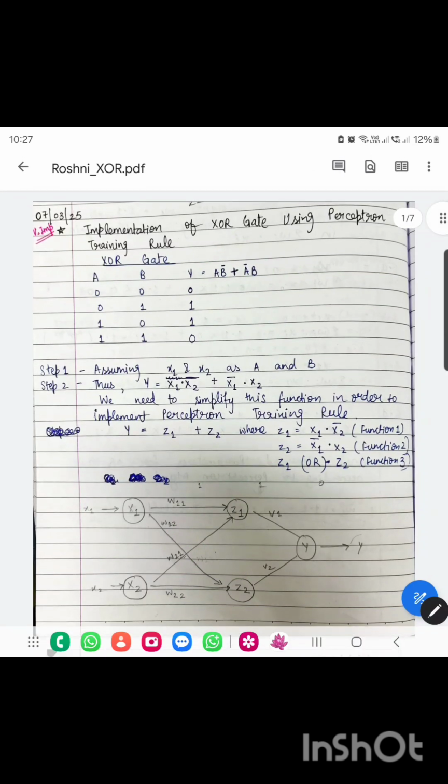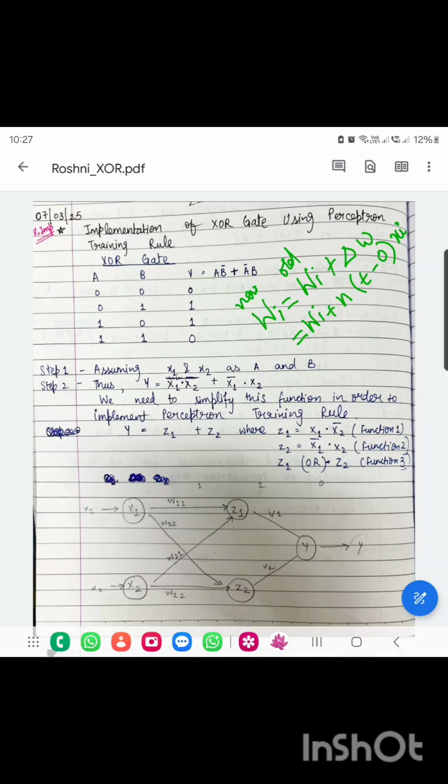New weight Wi is equal to old Wi plus delta W. So this is the new weight, this is the old weight, plus delta W. Delta W is the error-based adjustment of the weight. So we get Wi plus n, which is the learning rate, times target value minus actual output, multiplied by Xi, which is the input. We apply this and we find out the new values of weight.